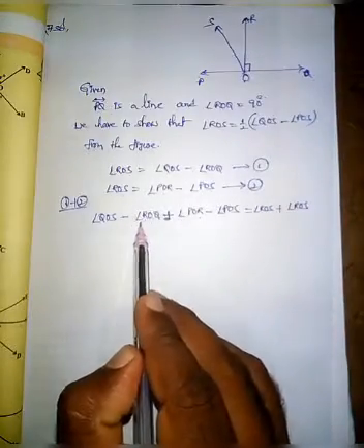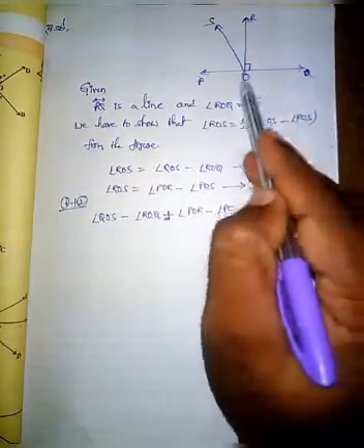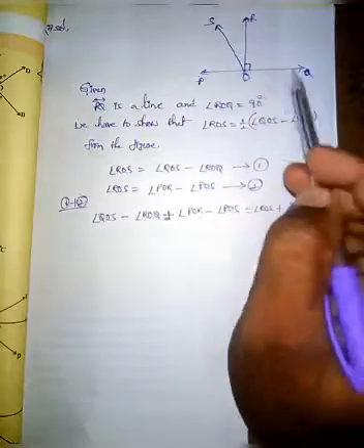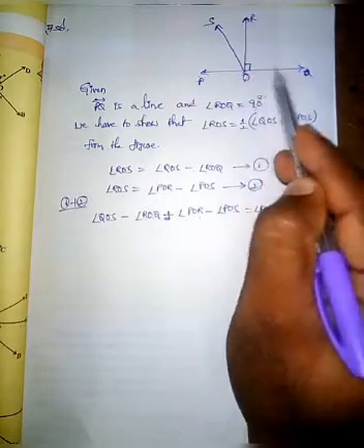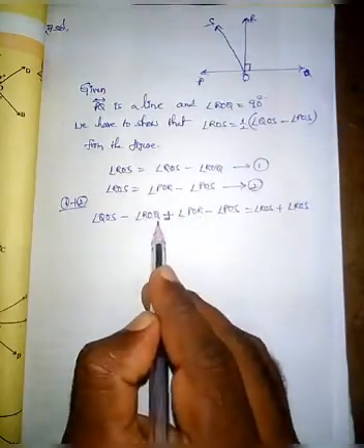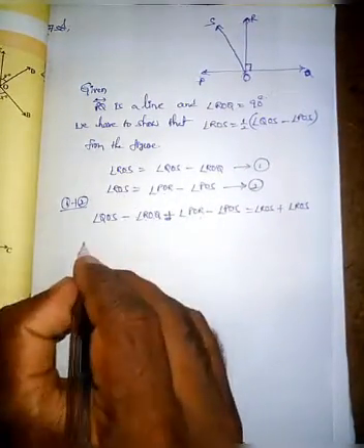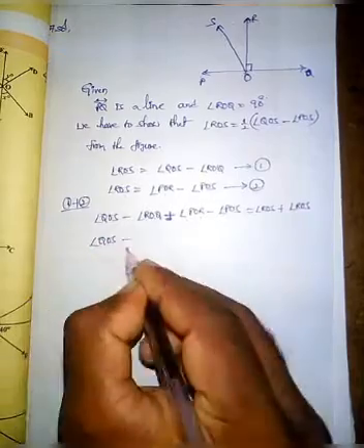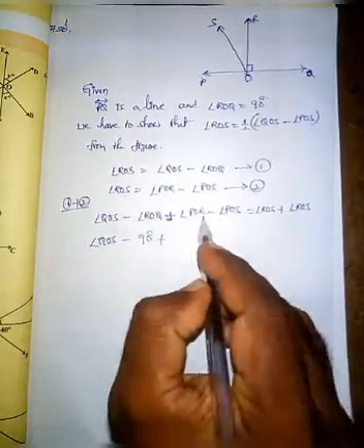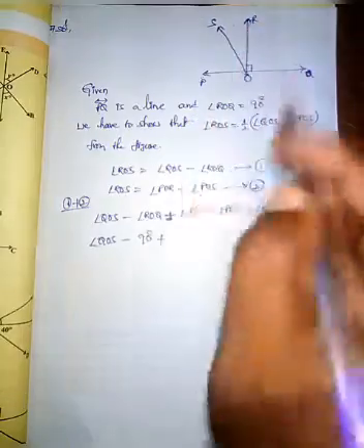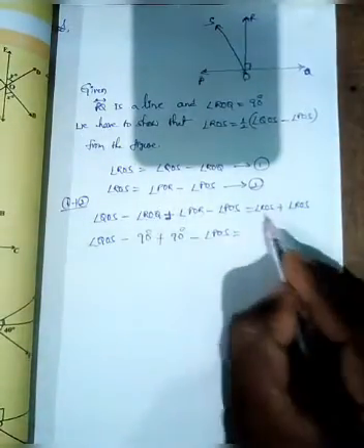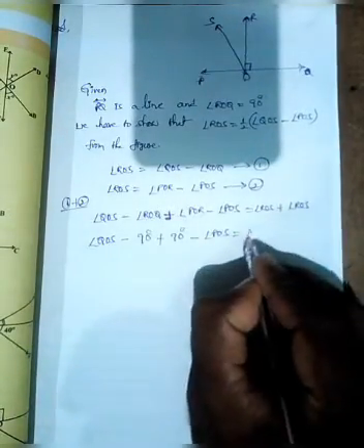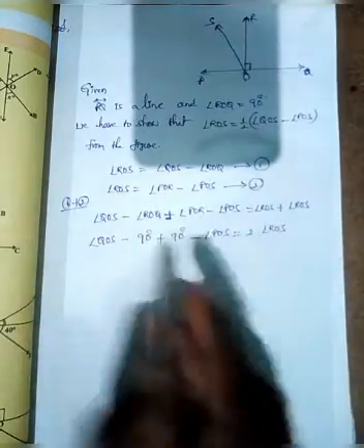Look here, ROQ, QOR or ROQ, you can write it either way, because the angle is at O. So ROQ equals 90 degrees. Substitute here: angle QOS minus 90 degrees plus angle POR. POR is also 90 degrees, minus angle POS is equal to angle ROS plus angle ROS, that is 2 into angle ROS.